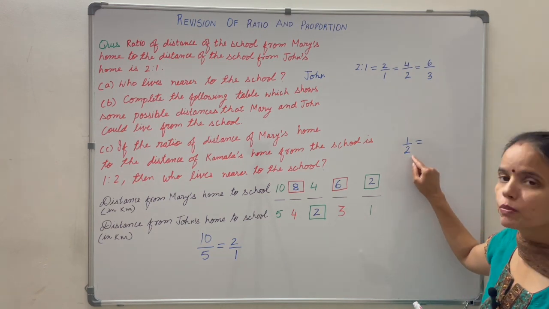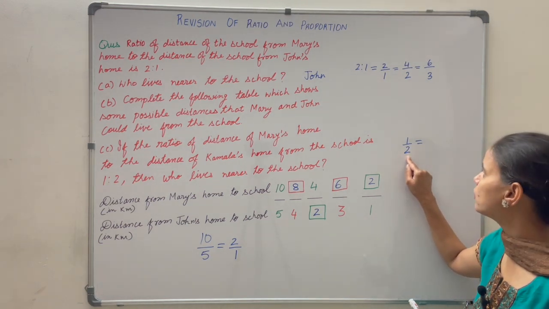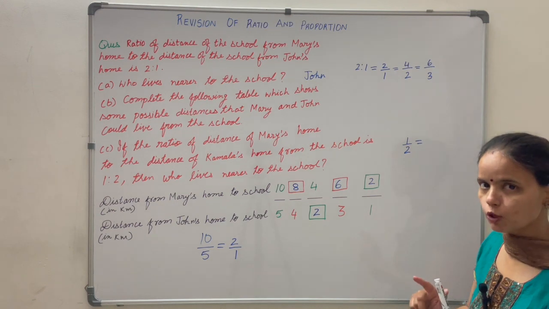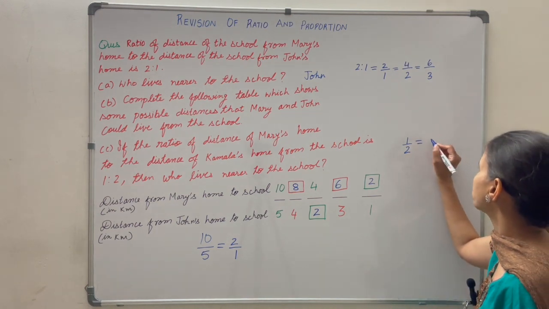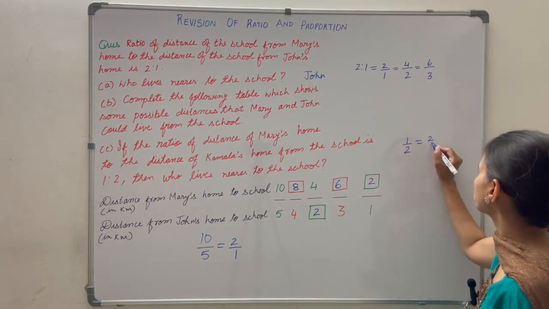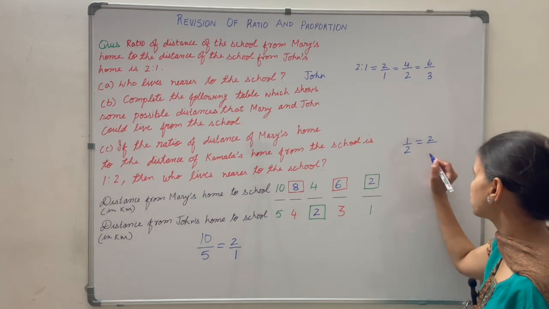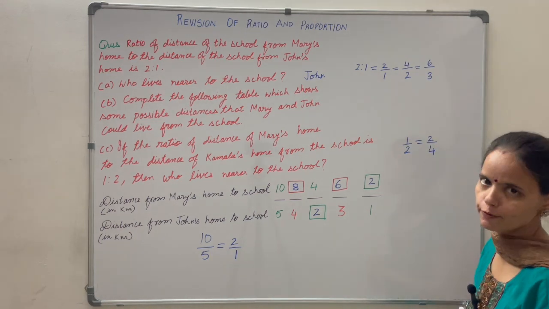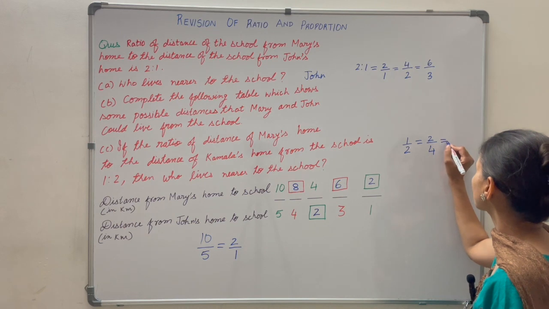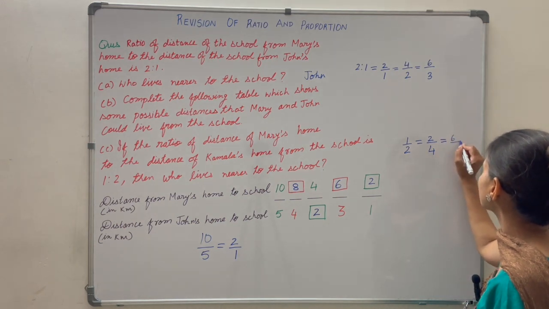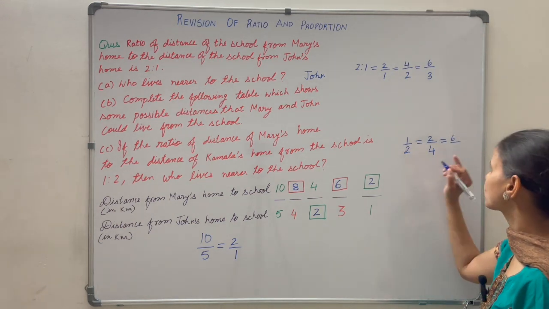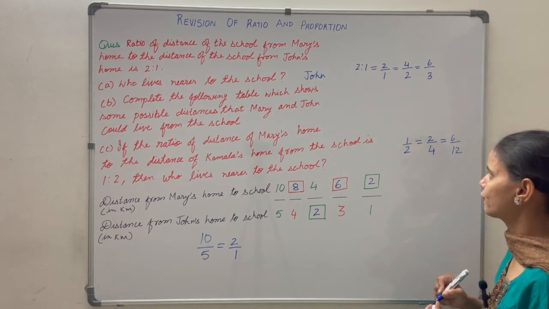When Kamla's home is 2 kilometers away from school, Mary's home is 1 kilometer away. When Mary's home is 2 kilometers away, Kamla's home is 4 kilometers away. When Mary's home is 6 kilometers away, Kamla's home is 12 kilometers away.